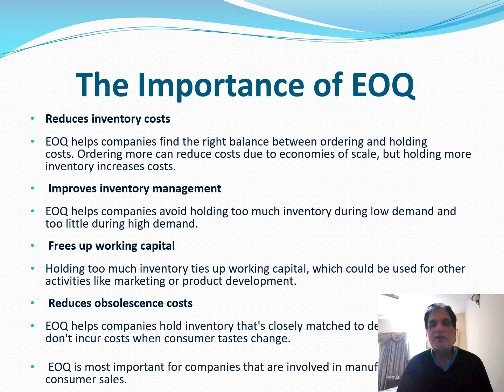Then reducing obsolescence costs. EOQ helps companies hold inventory that is closely matched to the demand and don't incur cost when consumer tastes change. EOQ is most important for companies that are involved in manufacturing or consumer sales.